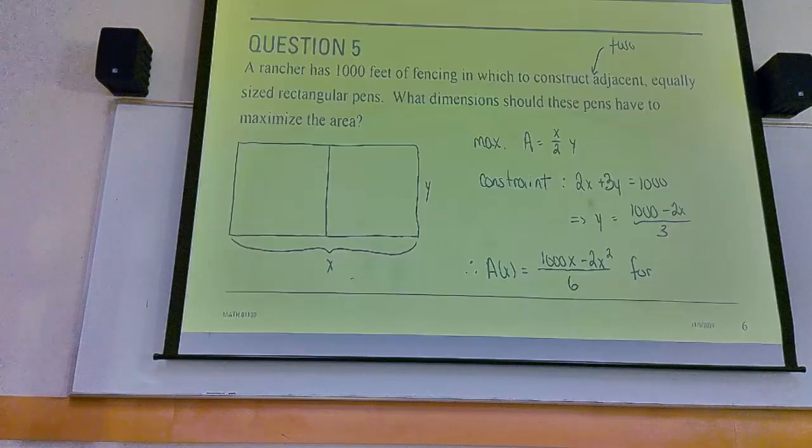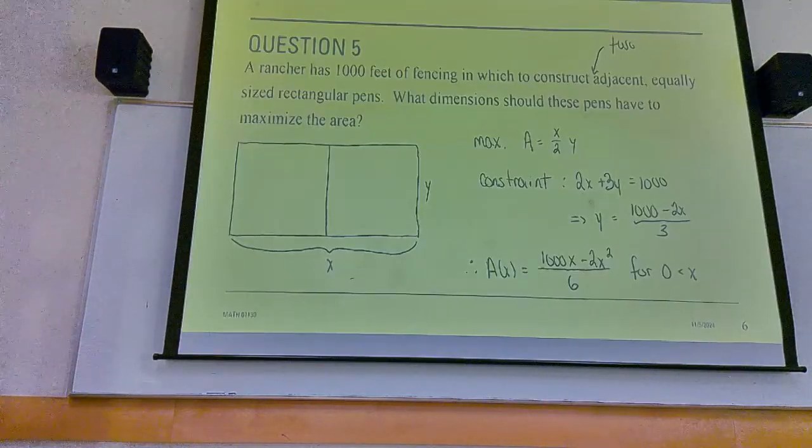So if x is 1000, 2 times, well, not 1000, is 2000. Which means y would then have to be negative to get to the 1000 in the constraint. Can y be negative? No. So that won't work.